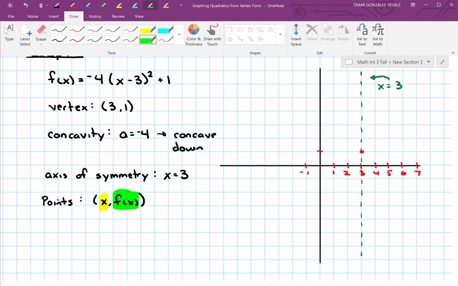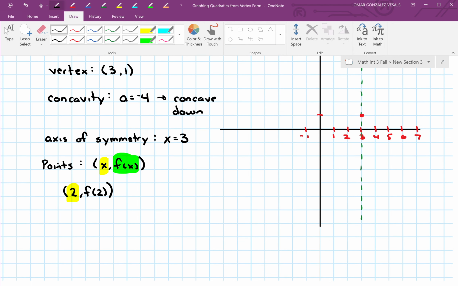Okay, so the first coordinate I'm going to plug in is 2 and f of 2. I want you to notice something. You already know your x coordinate. You don't need to solve for that. That's what you're choosing. What you have to solve for is your y coordinate, your f of x.